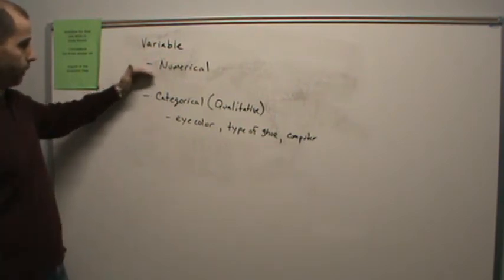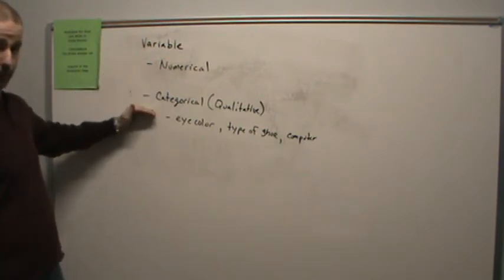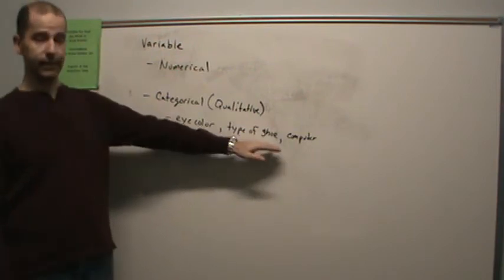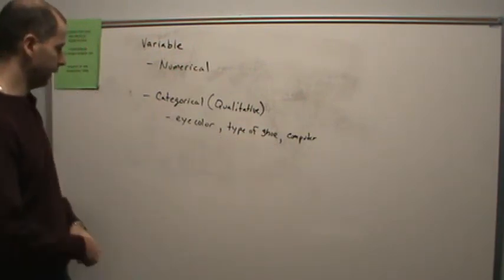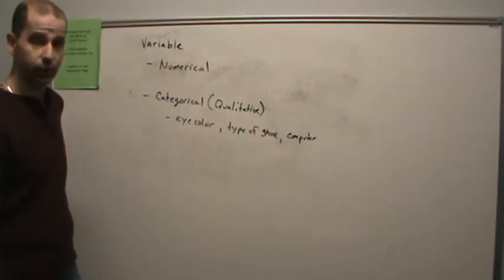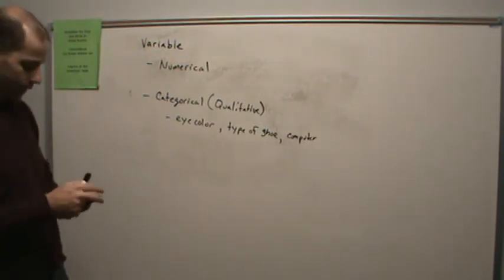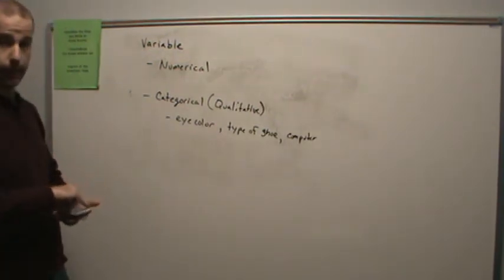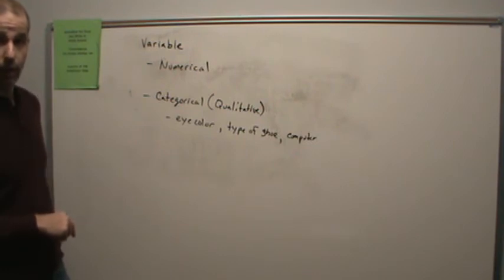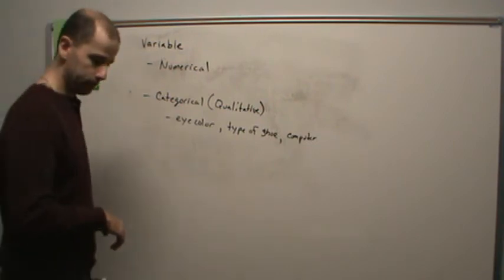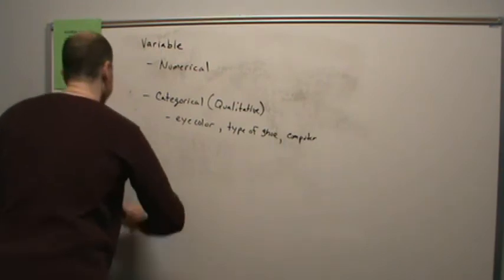So again, we get numerical data and categorical data. Categorical data is anything that is non-numerical. So understand the difference between qualitative and quantitative when it comes to variables and data. Okay, so now let's do an example.